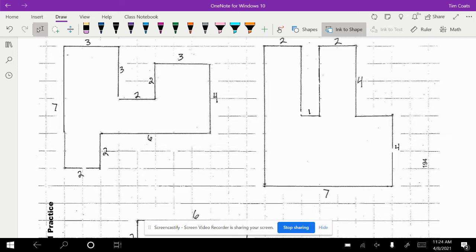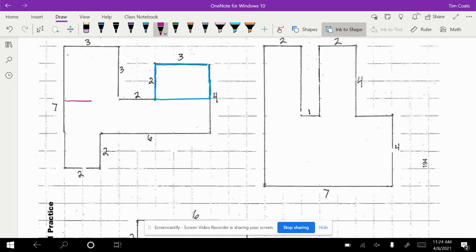Okay? So the one thing I suggest is that you have a lot of colors in front of you, colored pencils, highlighters, something like that. And the thing that I would start doing is let's just start dividing up this shape into shapes that we see. So for me, right, I might see this as the first rectangle. Okay? And so we get the first rectangle here.